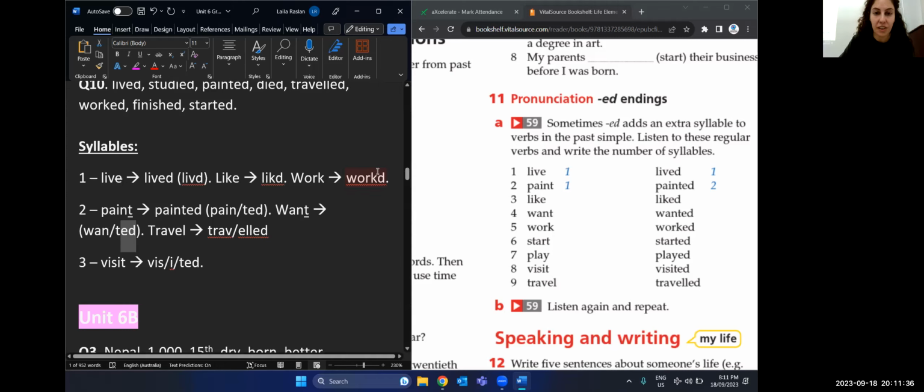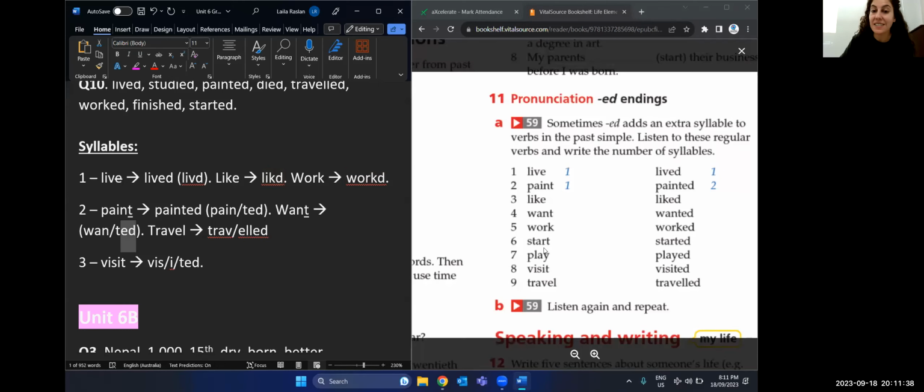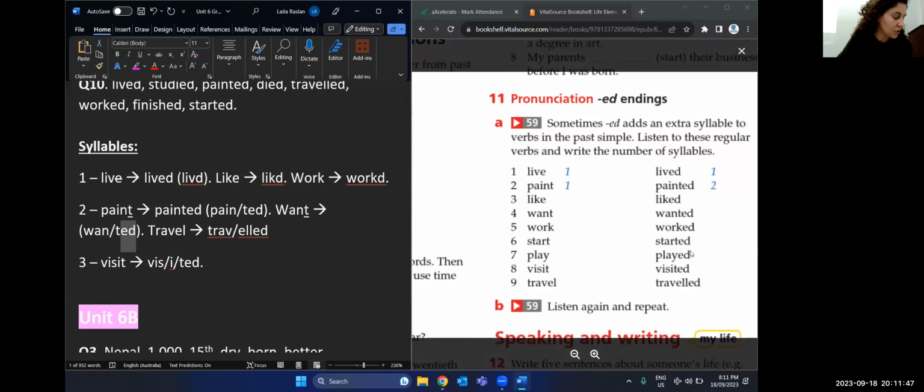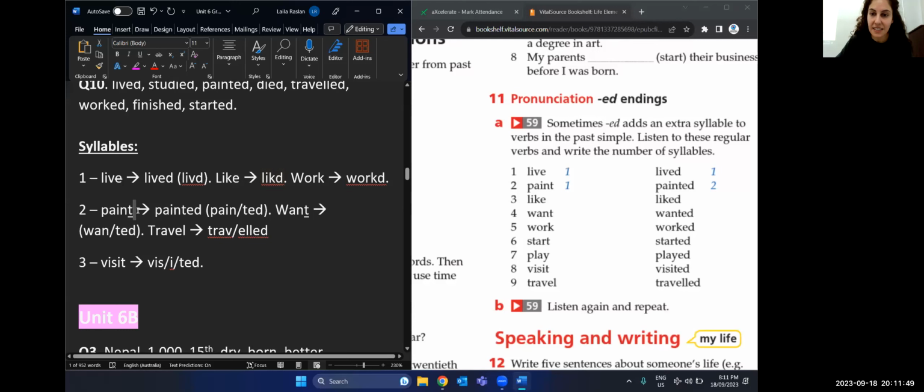No, it's worked. Start. Start is one sound. And started is two sounds because it ends in a T. So start is one sound, started is two sounds. So remember, we separate the sounds.